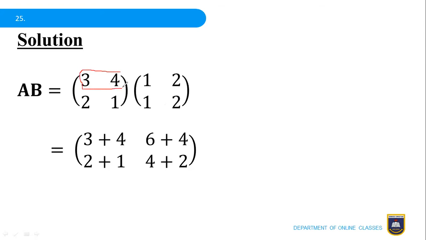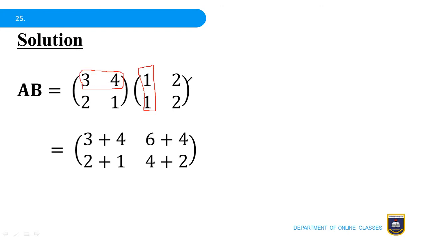The whole of this row is going to multiply the whole of the first column. So 3 times 1 will give us 3, plus 4 times 1 will also give us 4. Now, the first row again will multiply the second column, which is the 2, 2 here.